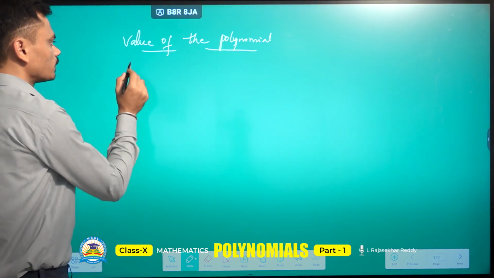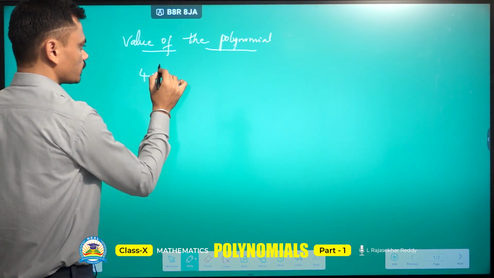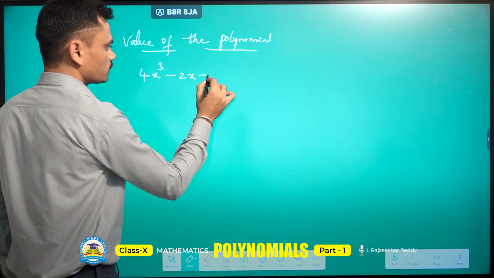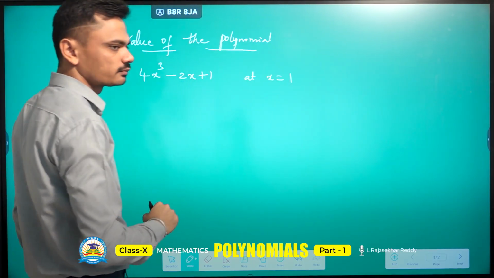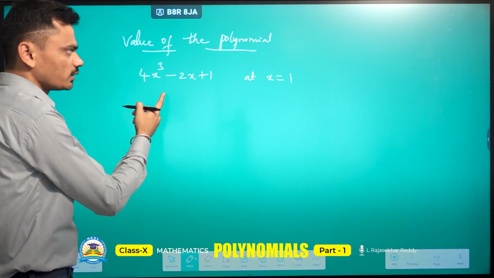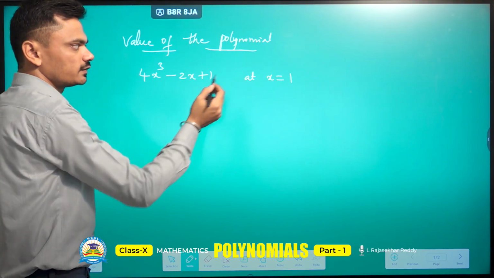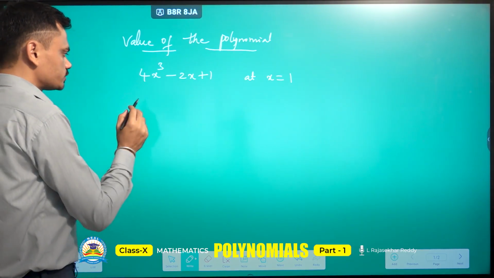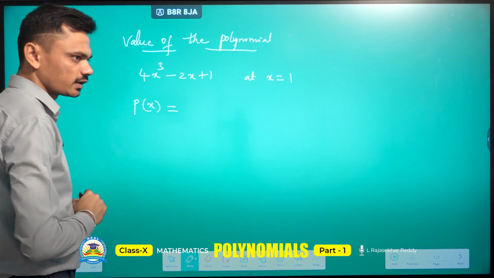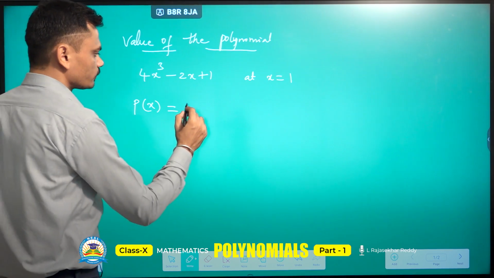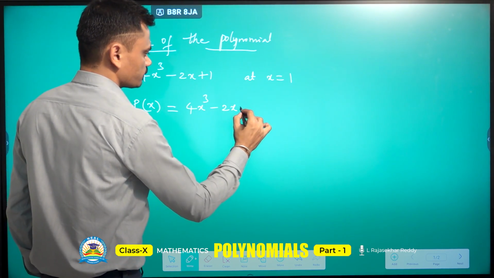Now the question is: find the value of the polynomial 4x cube minus 2x plus 1 at x equal to 1. The solution is, whatever polynomial is there, you can take it as p of x or f of x also. The polynomial is 4x cube minus 2x plus 1.